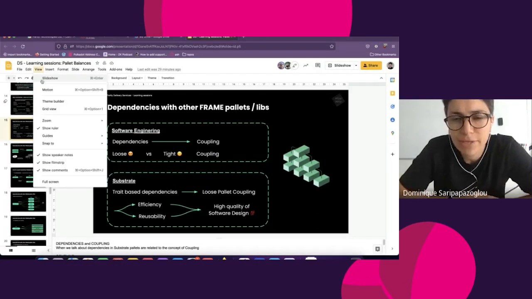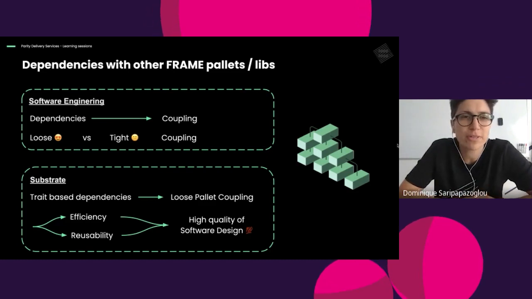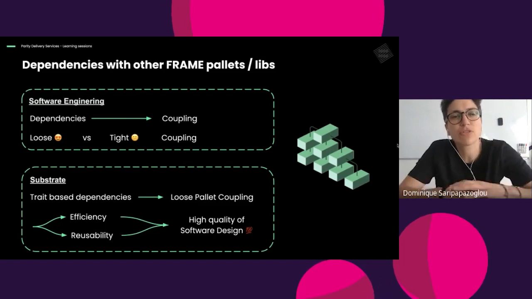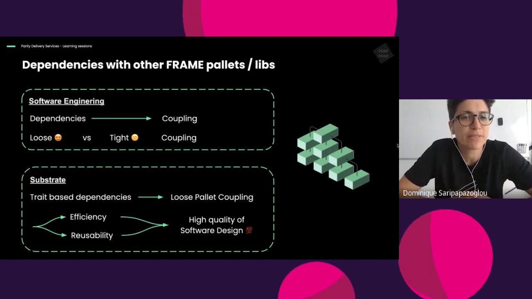Yeah, so hello. I'm going to talk about the dependencies of the balances pallet. And before talking about the specific pallet, I'm going to talk about the notion of coupling, which is very interconnected with the dependencies. So when we talk about dependencies, we talk about coupling.